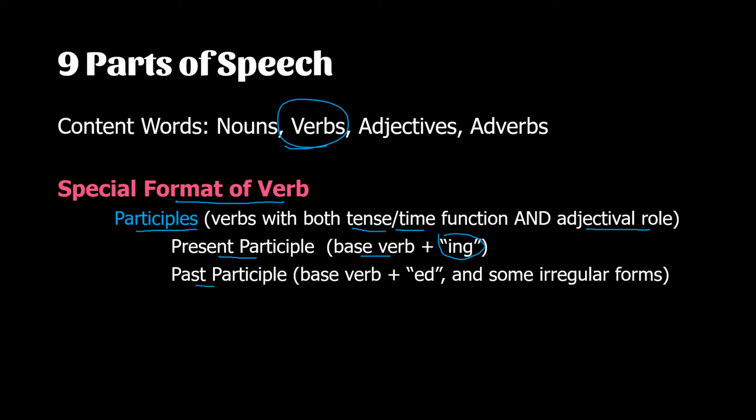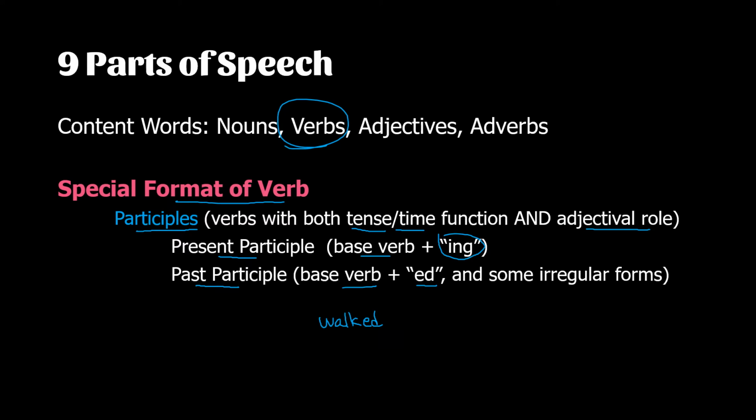The other one is the past participle. To make a past participle, you take the base verb and you add ed. So if I have walk, I add ed and it's walked. And this is the past participle. Some irregular forms also make the past participle.